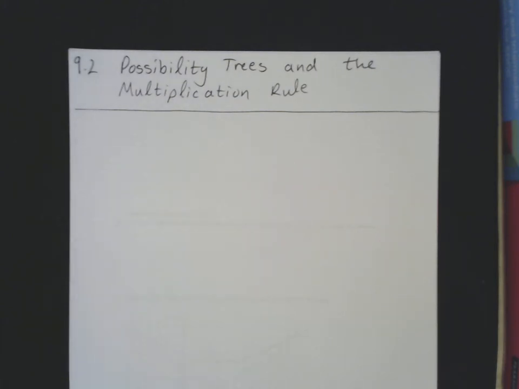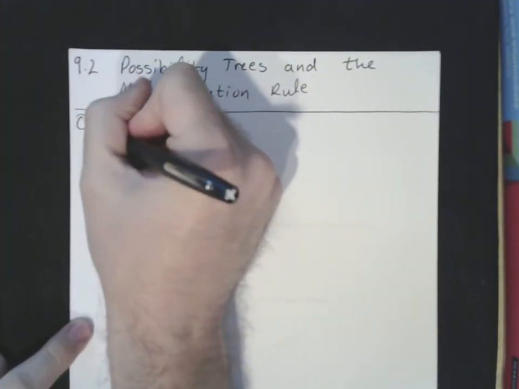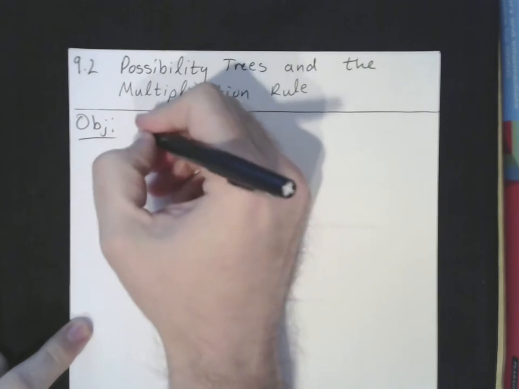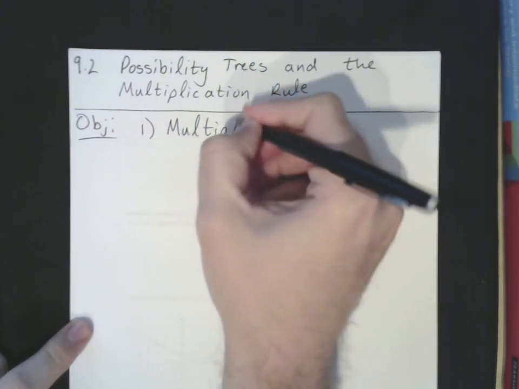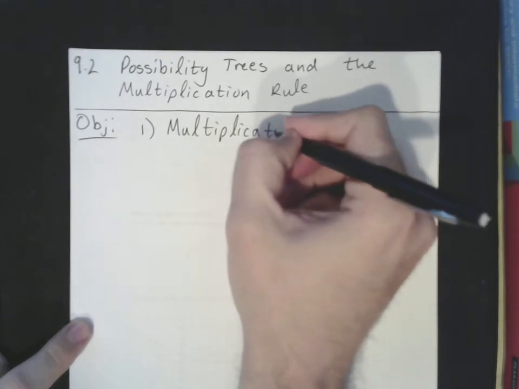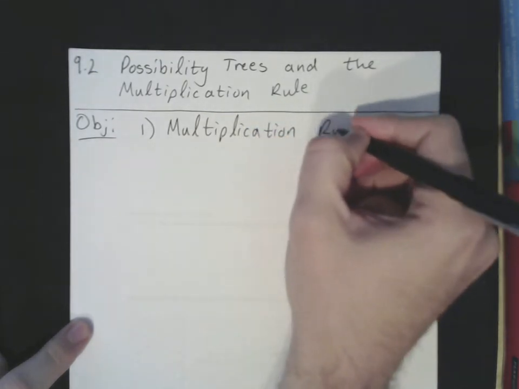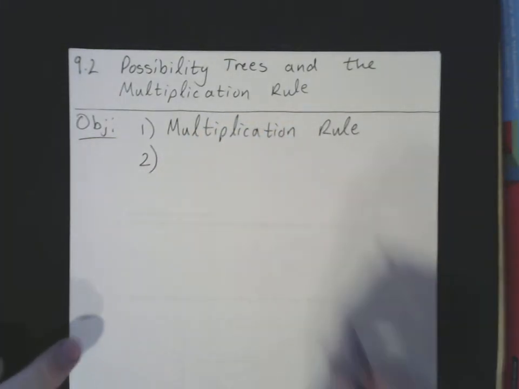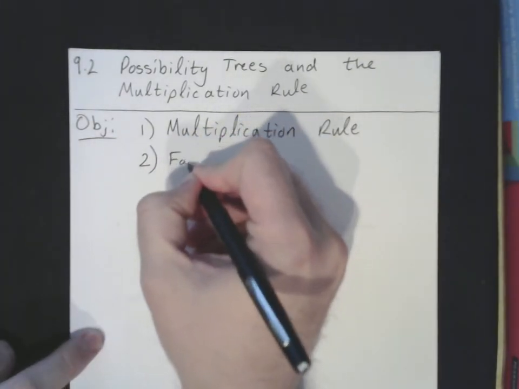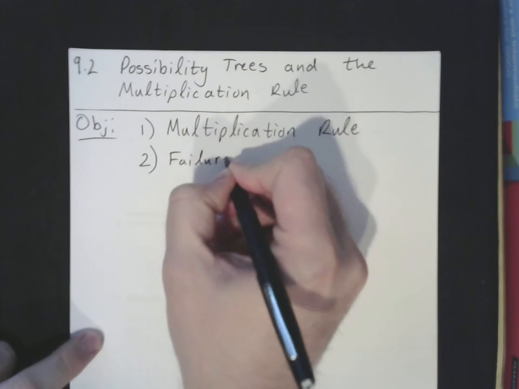Okay, 9.2 is all about possibility trees and the multiplication rule. We have three things to do in this section. The first is to go over the multiplication rule. The second is to then immediately look at the failures of the multiplication rule.